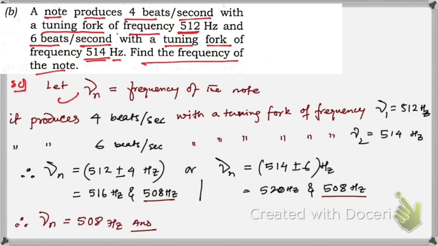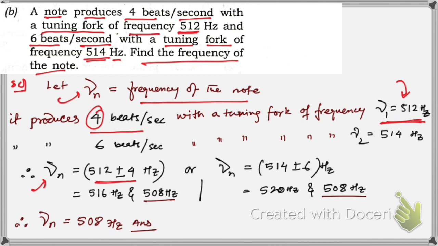Let the frequency of the note be nu n. As this note produces 4 beats per second with the tuning fork of frequency 512 hertz, the possible frequency of the note must be 512 plus 4 or minus 4.